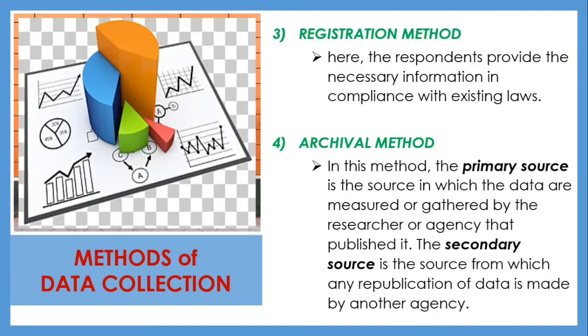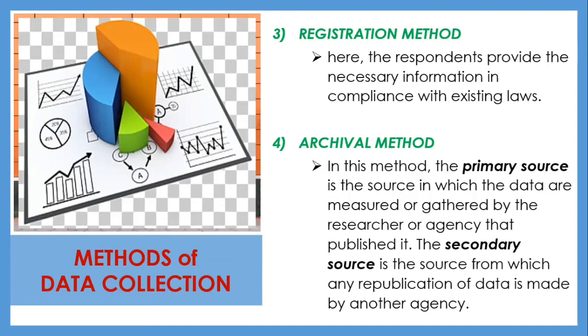If we say registration method, the respondents provide the necessary information in compliance with existing laws. For instance, data can be derived from car registration, birth registration, voters registration, and marriage registration. The use of existing studies also provides an archival method of data collection.